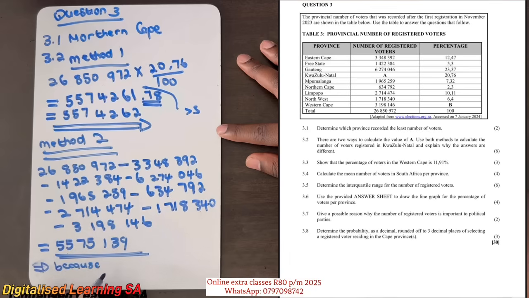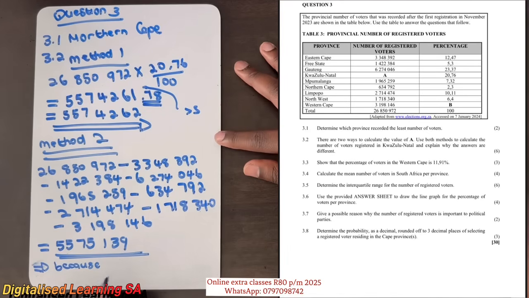Remember, on method 1, if you check the percentage column, you can see that those percentages have decimals. That's why the answers are not the same. So it's because of decimals on percentages.